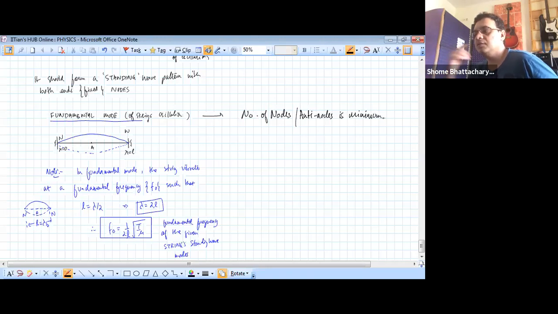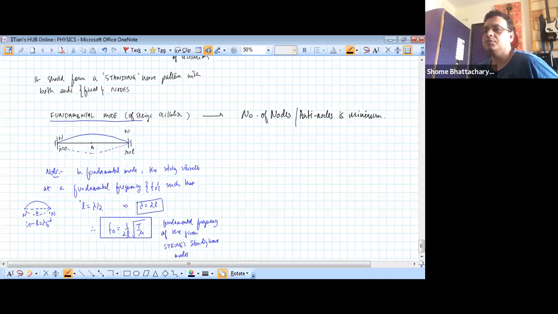At an experimental level, you can say that we would have achieved this when we pluck the midpoint of the string and cause it to become an antinode. And this is how the shape of the string looks. That means the fixed boundaries, which are a distance L apart, are becoming consecutive nodes.